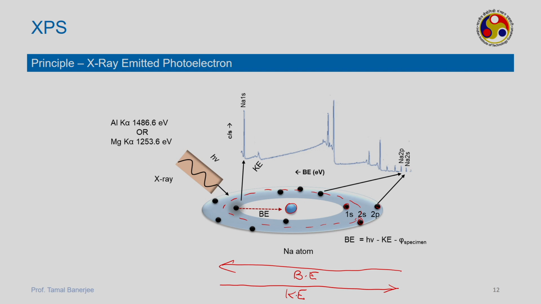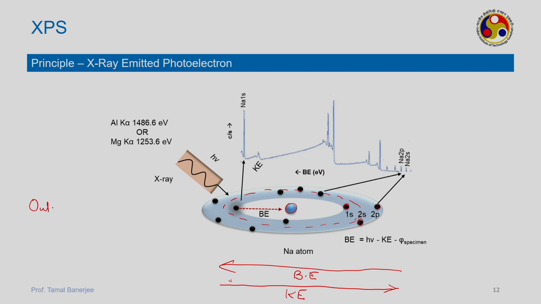So, it means the electrons which are extracted from the outer shell will have the highest kinetic energy. Those with 2s or 2p will have the highest kinetic energy, so the higher the kinetic energy, the lower will be the binding energy. In this case the binding energy will be the highest for the 1s electron, but the kinetic energy will be the lowest. Conversely, outer shell electrons will have the highest kinetic energy. So, you should remember these two things.